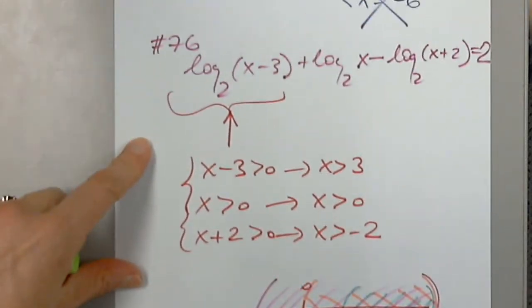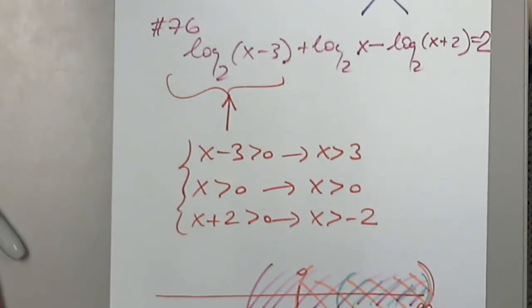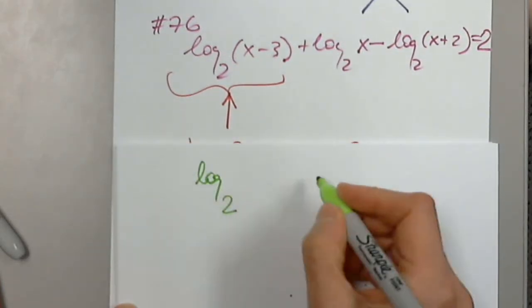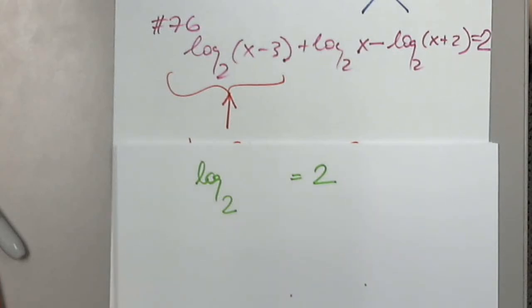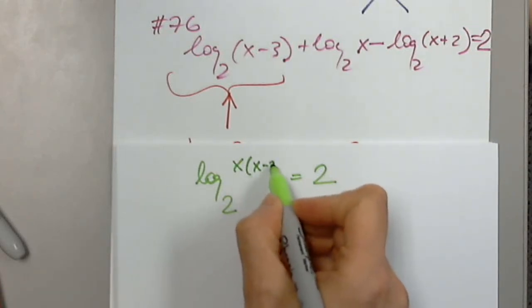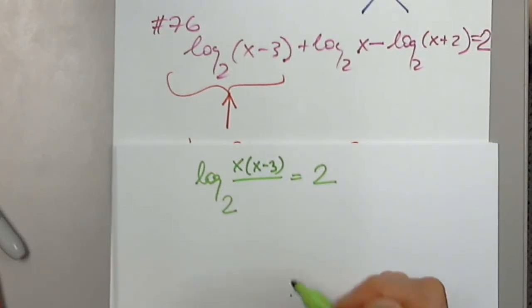Good. So now can anyone tell us how to condense into one log? I want one log on the left-hand side, base 2, and on the other side I only want 2. X minus 3 times x over x plus 2.